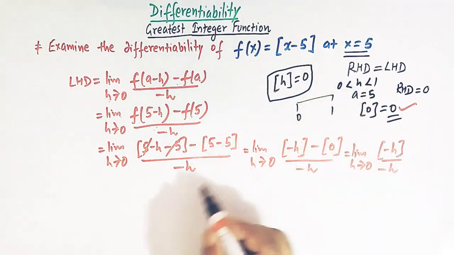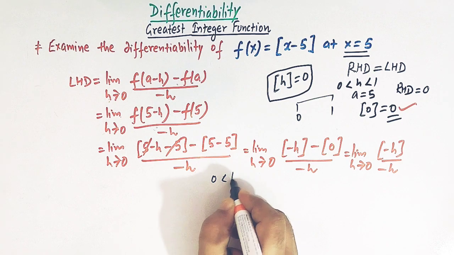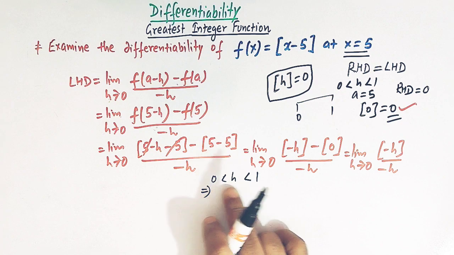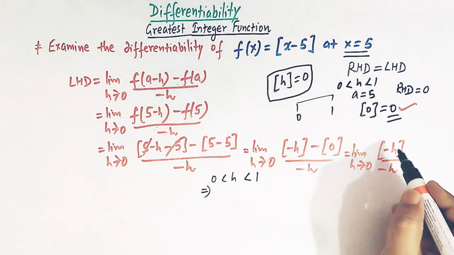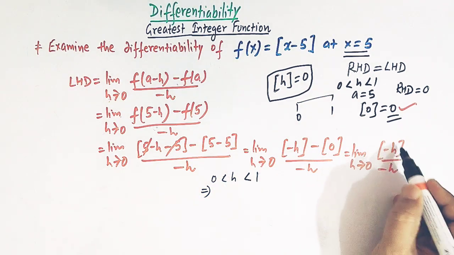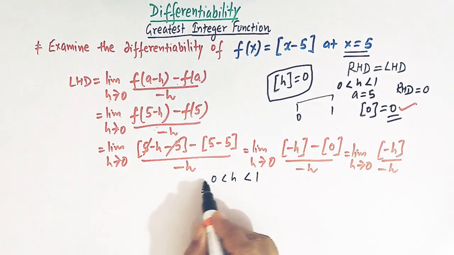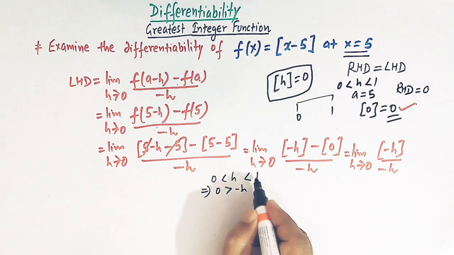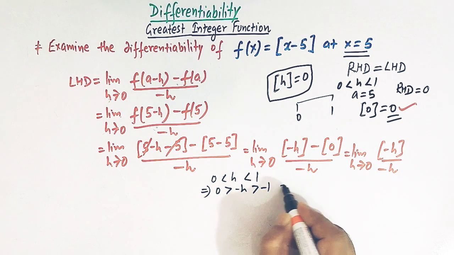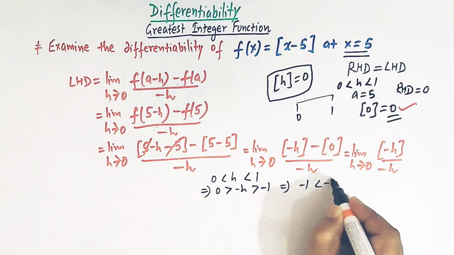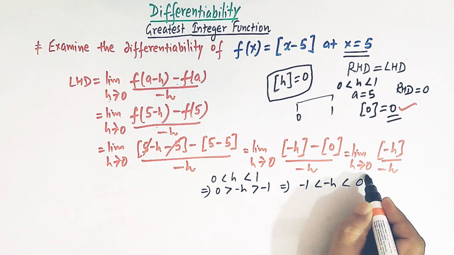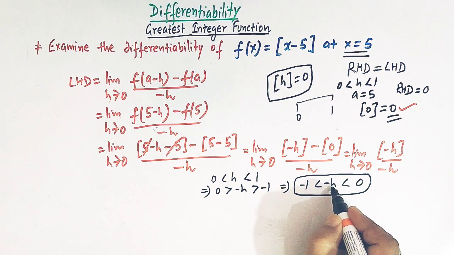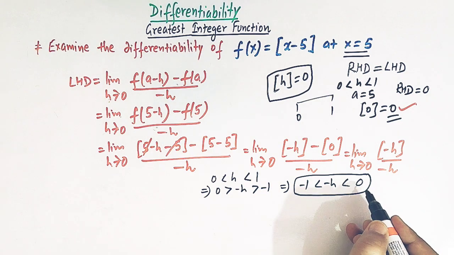Now we see that h lies between 0 and 1. Multiplying throughout by minus 1, because we want to get minus h, the direction of the inequality gets reversed, and we have minus 1, minus h, and 0. So minus h lies between minus 1 and 0.